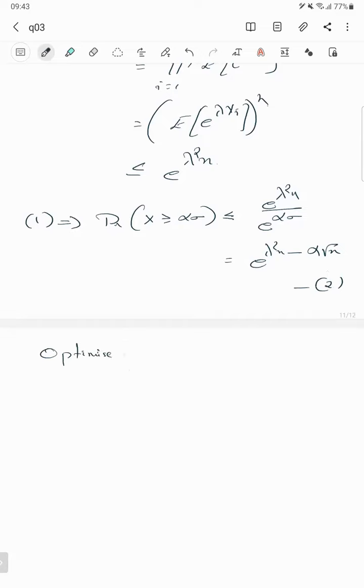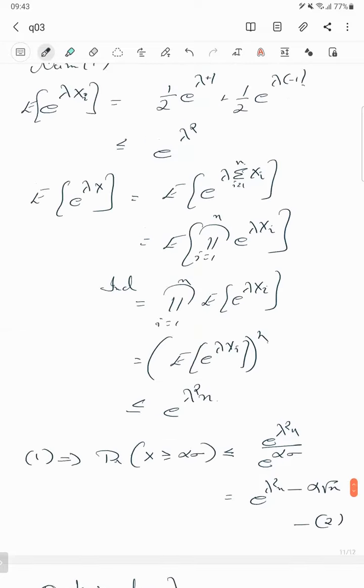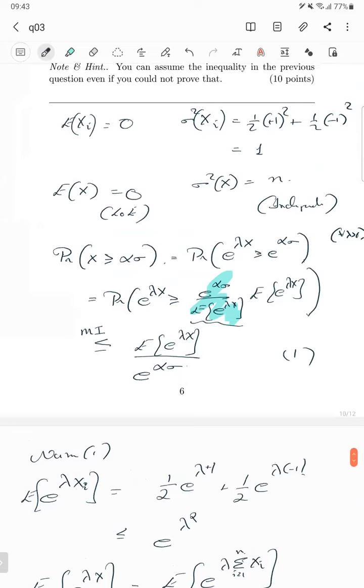Now optimize for lambda. So your dou by dou lambda of lambda squared n minus. Okay, I'm getting confused a bit because alpha does not have any dependence on lambda. I also got stuck here because I changed the variable.